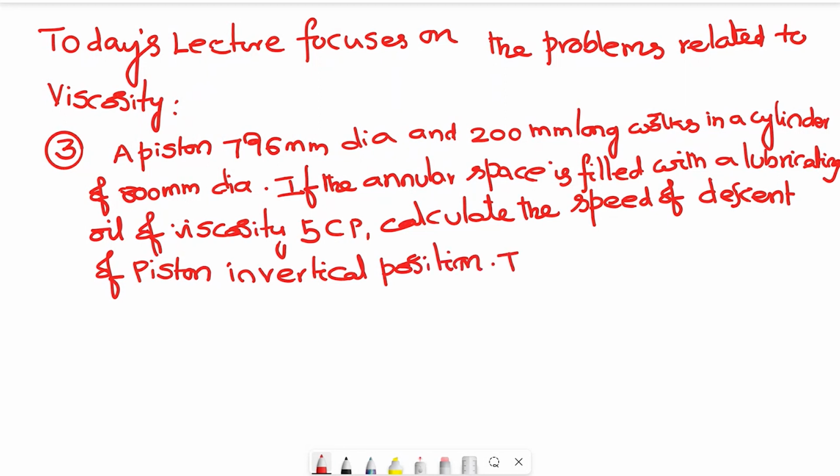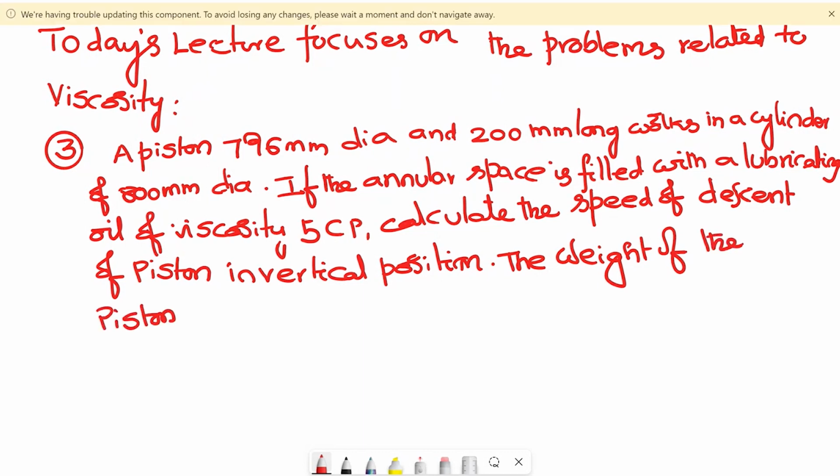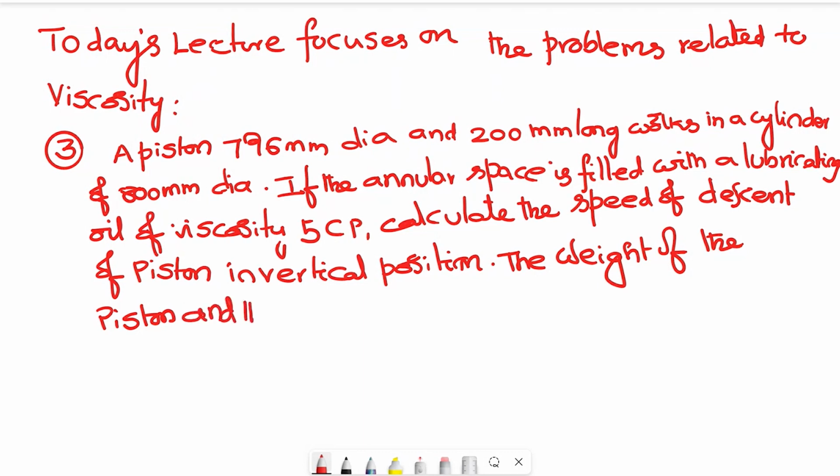The weight of the piston and the axial load are 9.8 newtons. So let us understand the problem first.